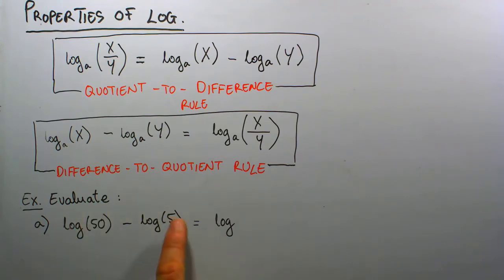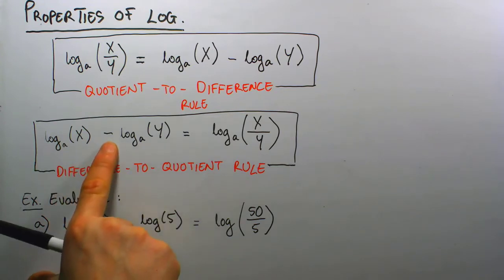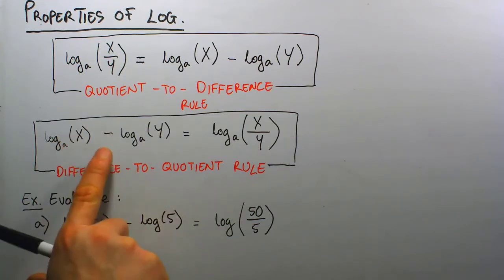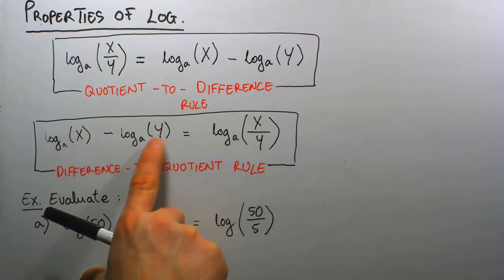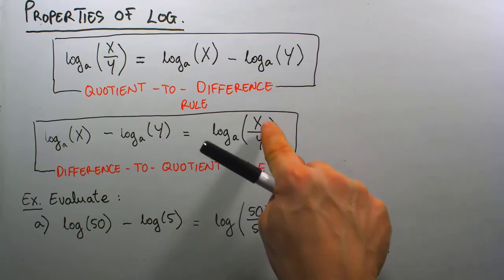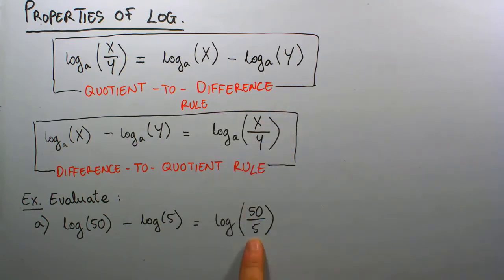And so now I can create the following problem. Evaluating this is equal to evaluating log base 10 of the quotient 50 over 5. So be careful with the order in this difference right here. When it's log base a of x minus log base a of y, then in the quotient we need to put the x in the numerator and the y in the denominator, just like how I did that here.